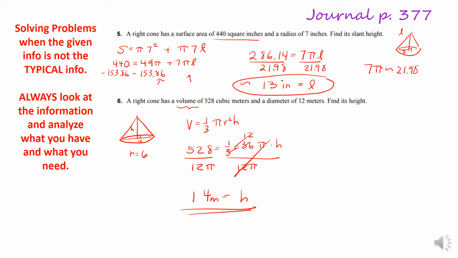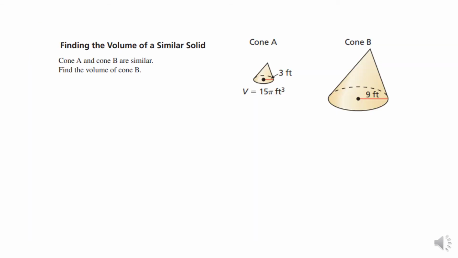Okay, so let's look into finding, in this slide, the volume of a similar solid. So cone A and cone B are similar, and they always give you that information to start with unless they want you to find if they're similar. So you have to look for a part that you can compare to find the scale factor.